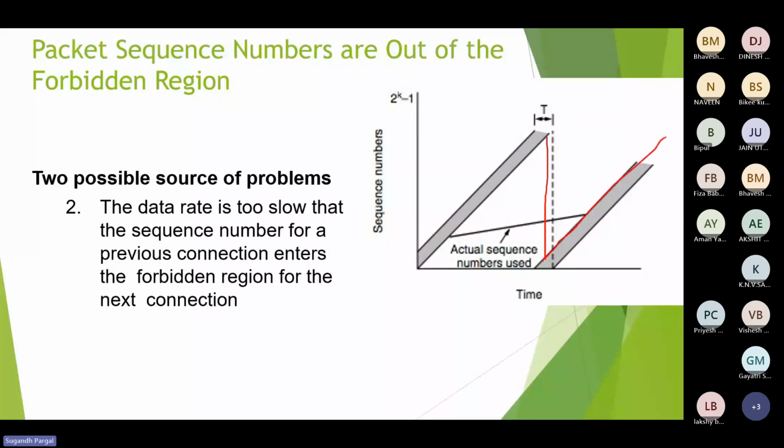So there might be a case that the actual sequence number of the previous connection goes very fast. The initial transmission rate was this, however, then the transmission rate exceeds in this direction, that is fast. There might be a possibility there was a crash at some point like this. However, later the crash is recovered, and then it follows a speedy transfer of data, and then we have started a new connection here with this sequence number, and this is again the overlap region that we can get.